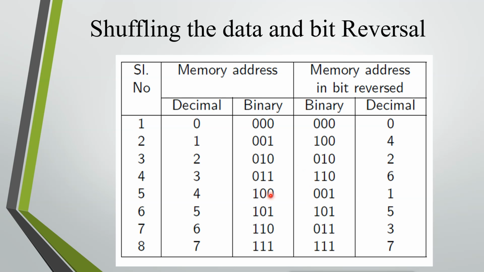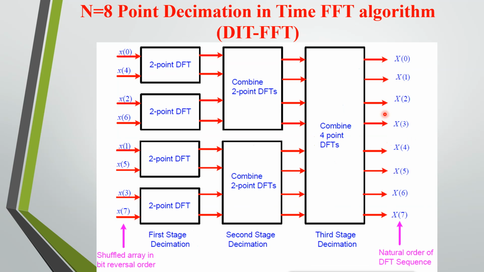For 1 0 0 it is 0 0 1. For 1 0 1, no change. 1 1 0 it is 0 1 1, and 1 1 1, no change. For these values write the decimal value. This is the input order you give at the input side of the decimation in time FFT algorithm.